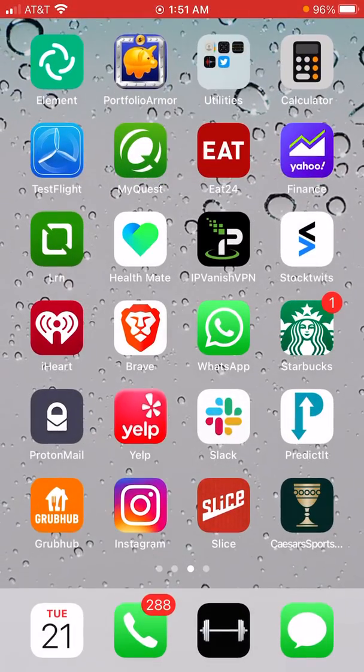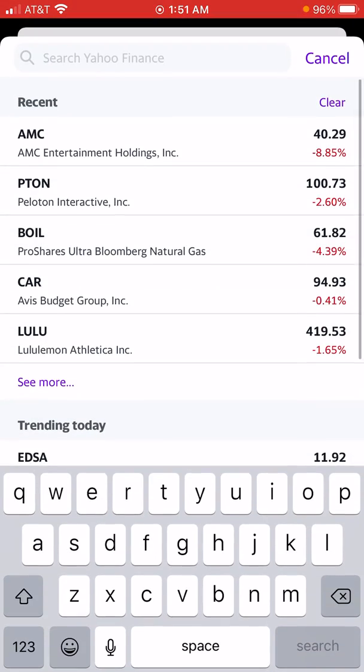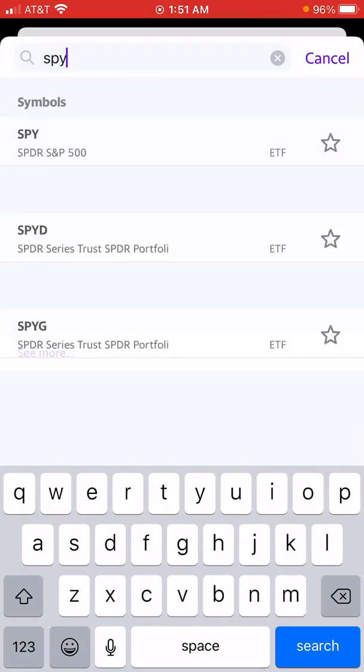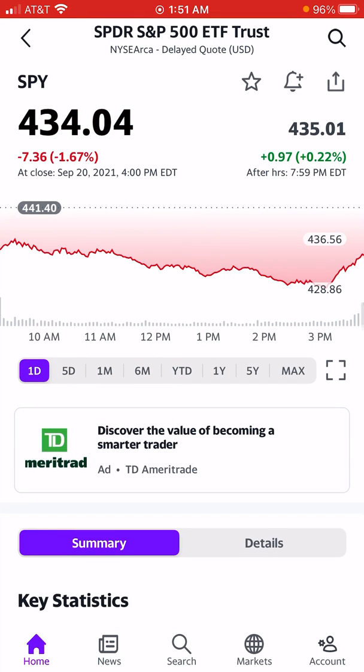And then we'll go to Yahoo or a similar app and type in the ticker symbol for the index ETF we're using to hedge. In this case, we can use SPY, and that closed at 434.04 on Monday.